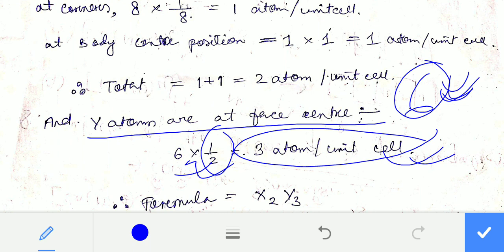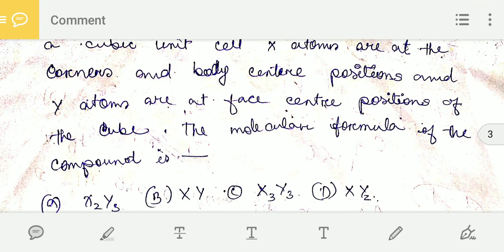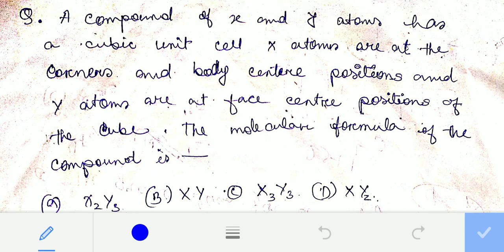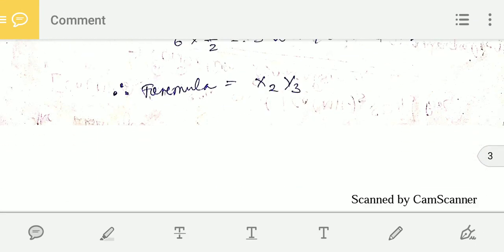So the total number of Y atoms per unit cell is 3, therefore the formula will be X2Y3, right? Now moving back to the options. Option A is given as X2Y3. So for this question, option A will be the right option. Moving to the next question.